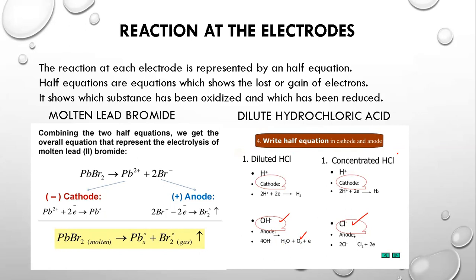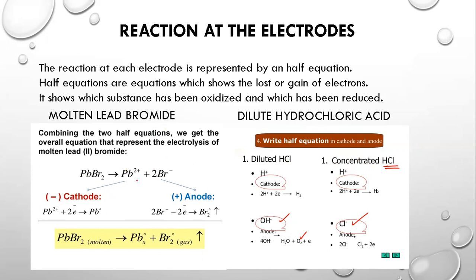So it is very important for you to determine whether your electrolyte is a concentrated solution of a halide, of which chlorine is one, or a diluted solution, because that would determine your product at the anode.